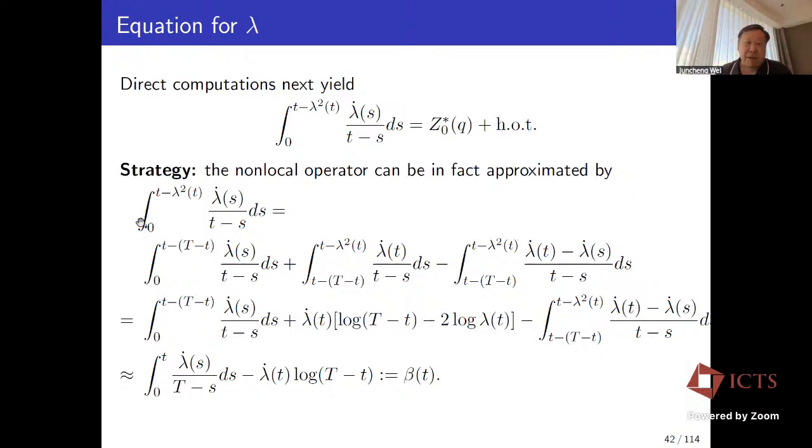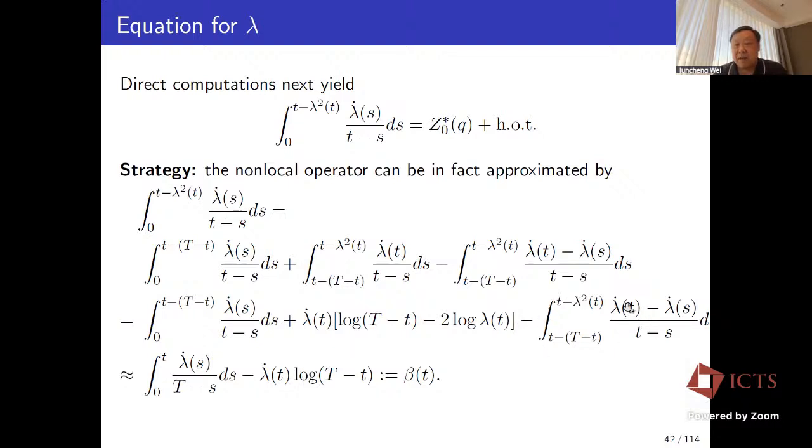We decompose this into the integral from little t to capital T minus t, and from t to t minus lambda square, and we take out the lambda dot, and we have this remaining term. In this first term, we can assume t is like capital T, and this term we can just leave like this.